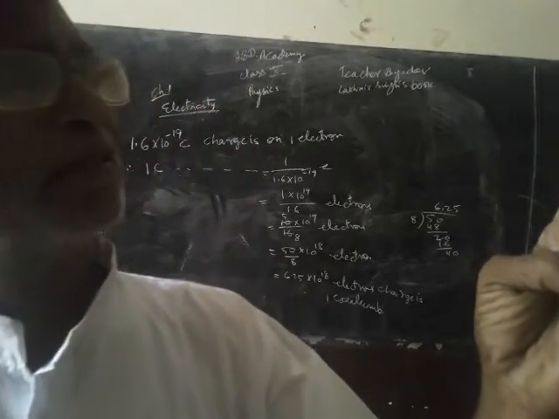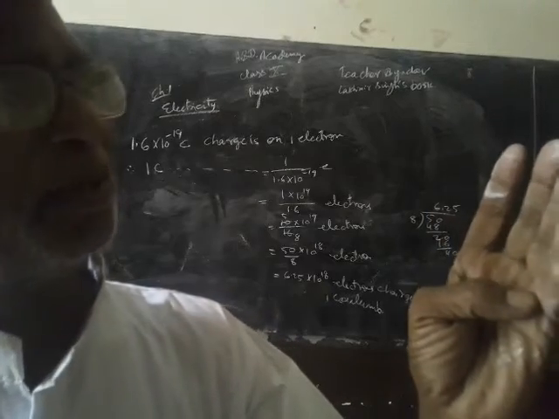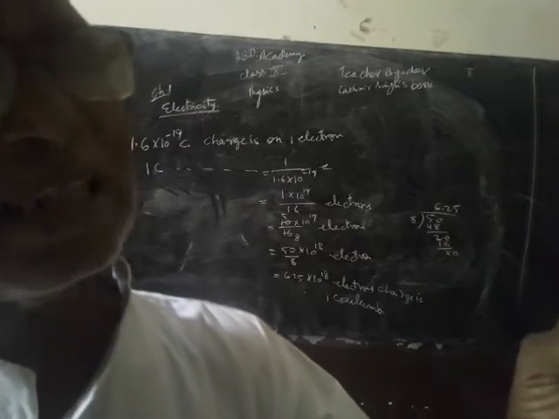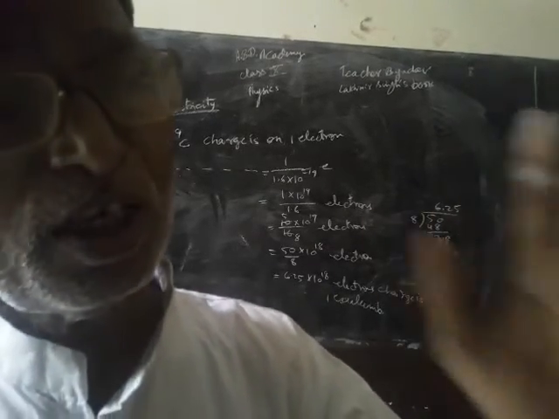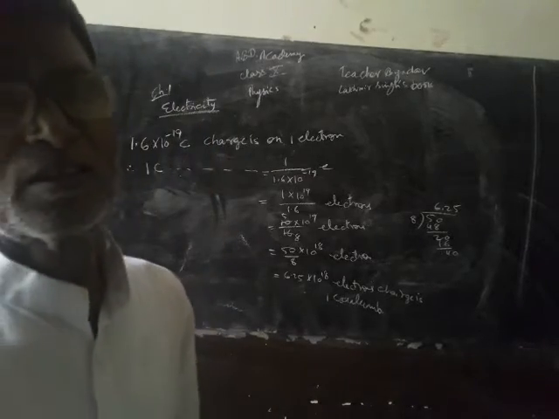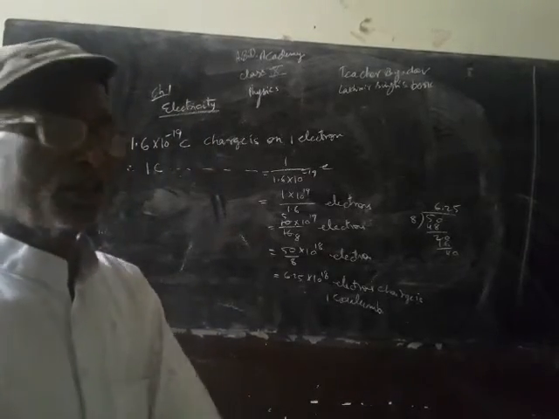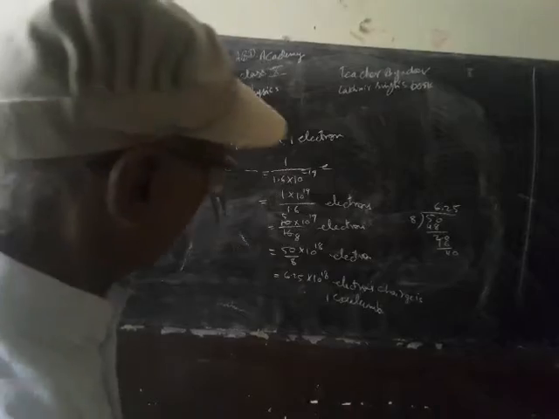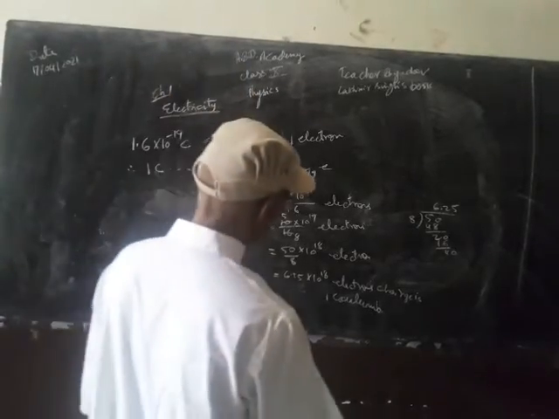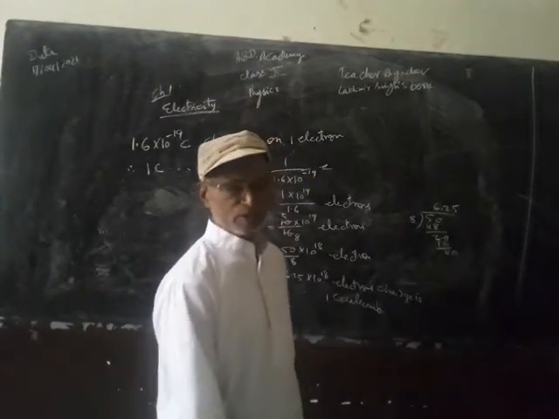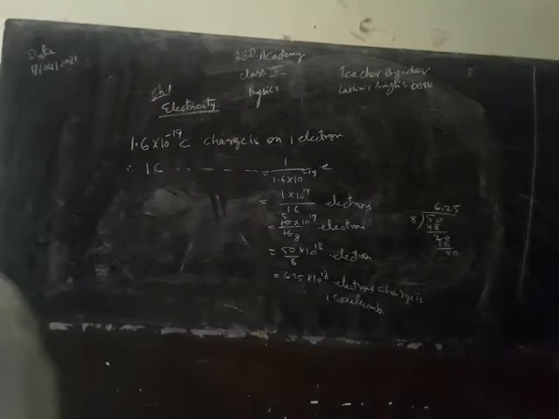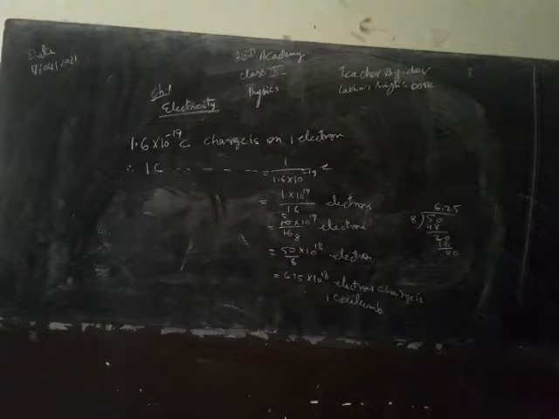I have here up to 17 places. Then Sankh, 10 Sankh. So Sankh means huge number of electrons when joined together, 1 coulomb charge is produced.